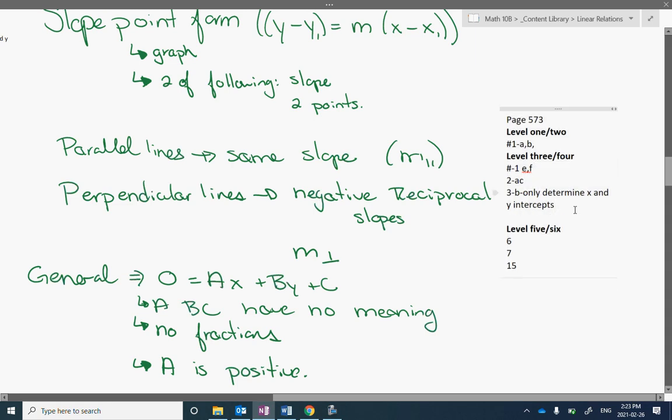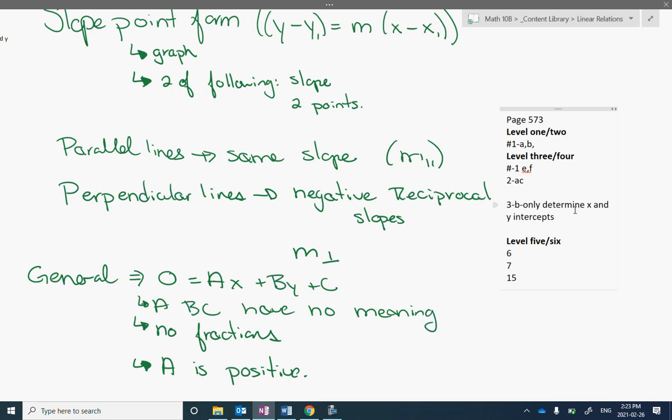For 3B, you only have to do the X and Y intercepts. I'm making that question smaller. Yeah, so grade 10s. These questions are not due, so you don't have homework, but we will have class.